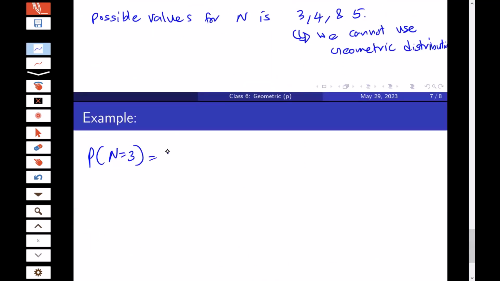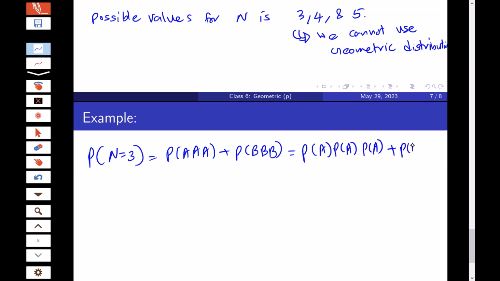That is probability of A, A, A plus probability of B, B, B. Since these are independent games, we can break it into the probability of A plus the probability of B. So this means half to the power 3 plus half to the power 3. If you simplify this, it will be 1 over 8 plus 1 over 8, which is 1/4.